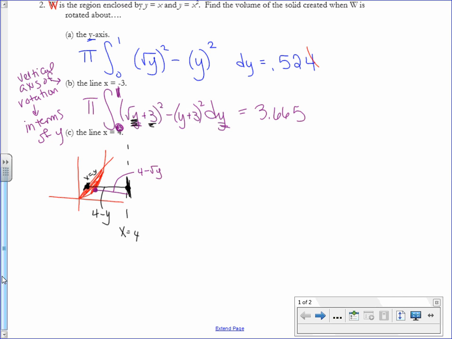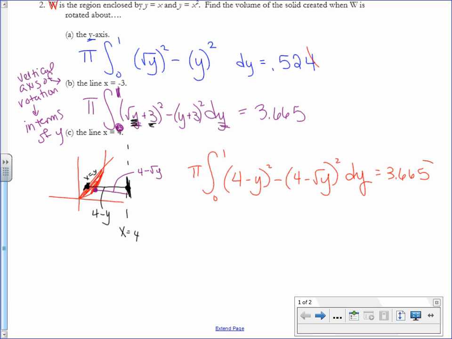So then my volume is going to be pi, 0 to 1, outer radius 4 minus y squared minus inner radius 4 minus root y squared. Throw that into your calculator and you get 3.665. Again, they are similar but not exactly the same value, just so you know. And there are my three values.